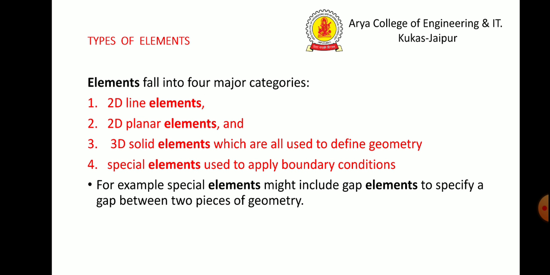There are different types of finite elements: first 2D planar elements, 3D elements, and special elements used to apply boundary conditions. Means in any part, some parts have floating shapes and boundary conditions, joining parts and curved shapes where the different types of shapes are not adjusted.